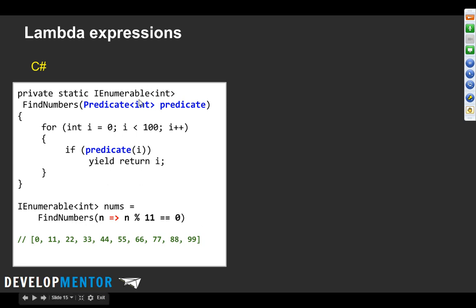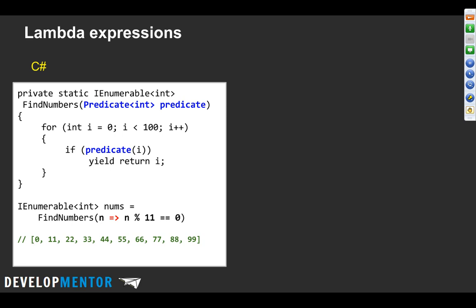What it lets you do is pass in a method, a predicate, which is a delegate built into .NET, and it's going to use the predicate to filter in and out some of the numbers. So we're going to create a lambda expression that says given a number n, it goes to, and the way you create a lambda is this little arrow sign here, goes to n mod 11 is 0. So this finds all multiples of 11. If I print it out, you can see there are all multiples of 11 between 0 and 100.